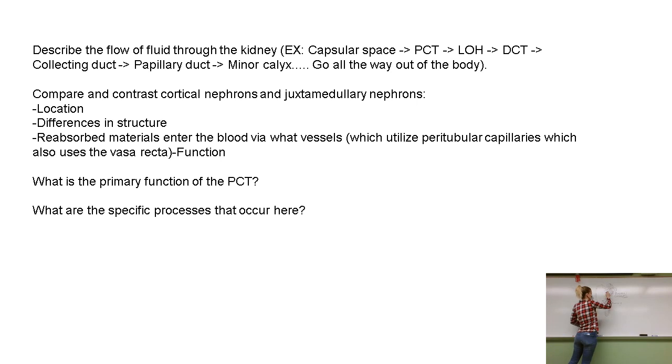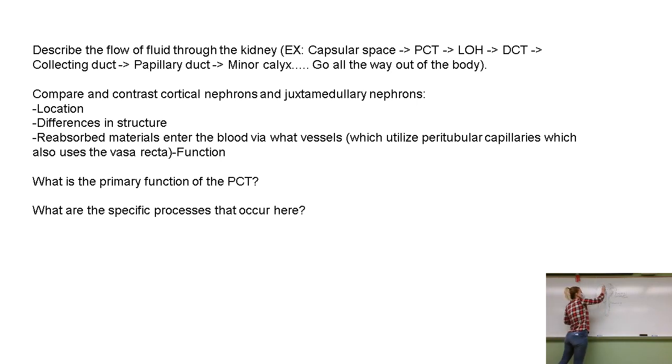Then we get to another twisted part, that's what convoluted means, and proximal means closer to the site of attachment, distal means further from. So it makes sense that this first one's the proximal convoluted tubule, and the second one is the distal convoluted tubule.